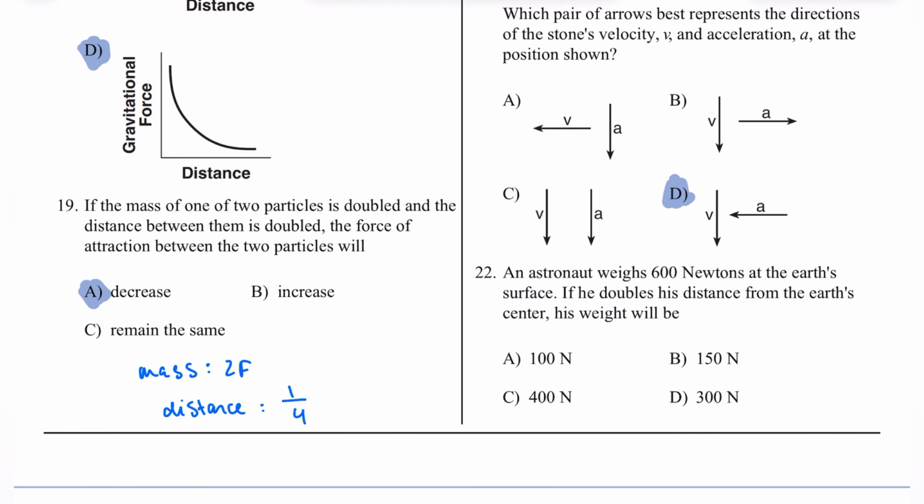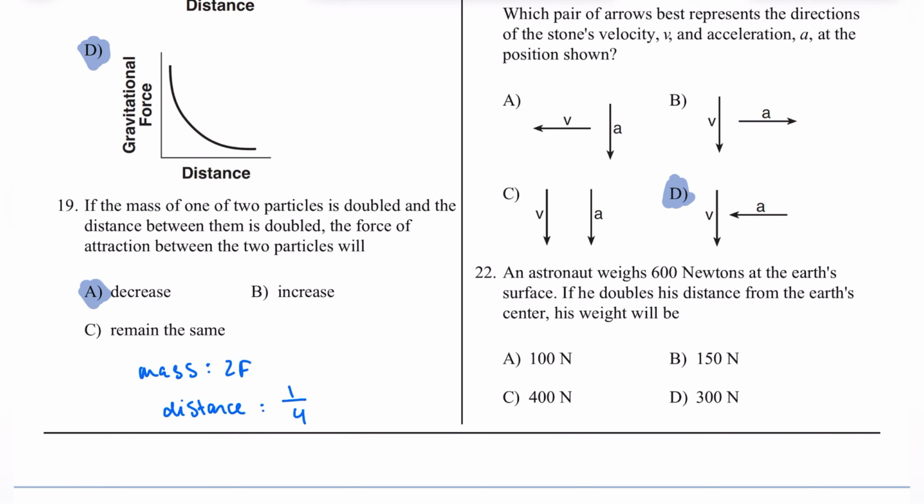22. An astronaut weighs 600 newtons at the Earth's surface. If he doubles his distance from the Earth's center, his weight will be what? So this is the same as question 15, but here the distance is doubling, right? And remember, since distance is increasing, the force will decrease.